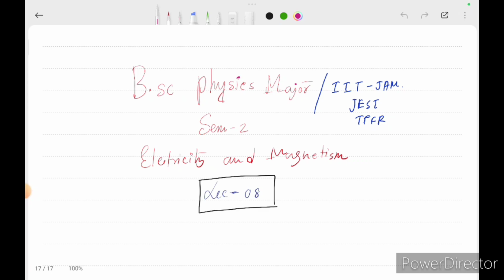Okay, so in this video, I will cover some basic problems of spherical charge distributions. This lecture is very useful for B.Sc. physics majors in semester 2, and also for those preparing for IIT JAM, JEST, TIFR, and CSIR NET GATE examinations.